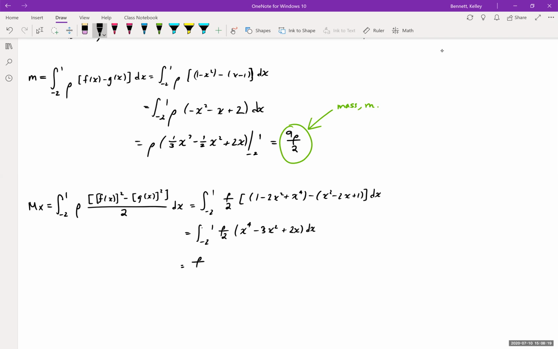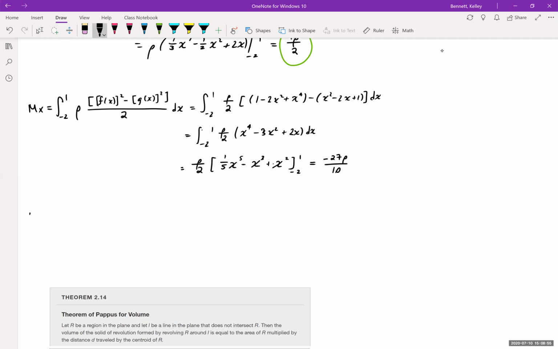So I'm going to have rho over 2 times 1/5 x to the 5th minus x cubed plus x squared, evaluated from -2 to 1. This is another really straightforward arithmetic evaluation of this integral, and the result you should get is -27 rho over 10.